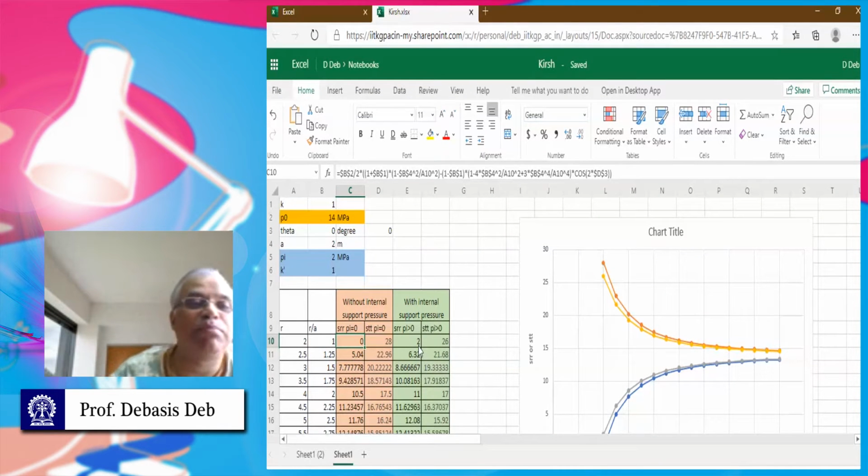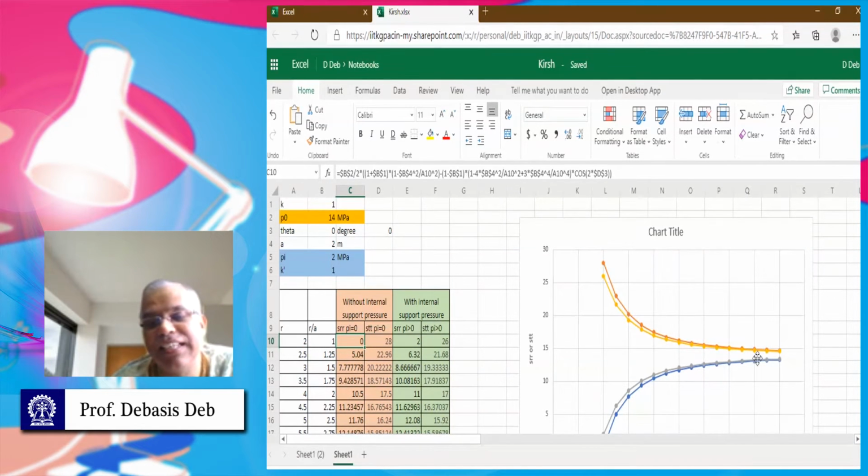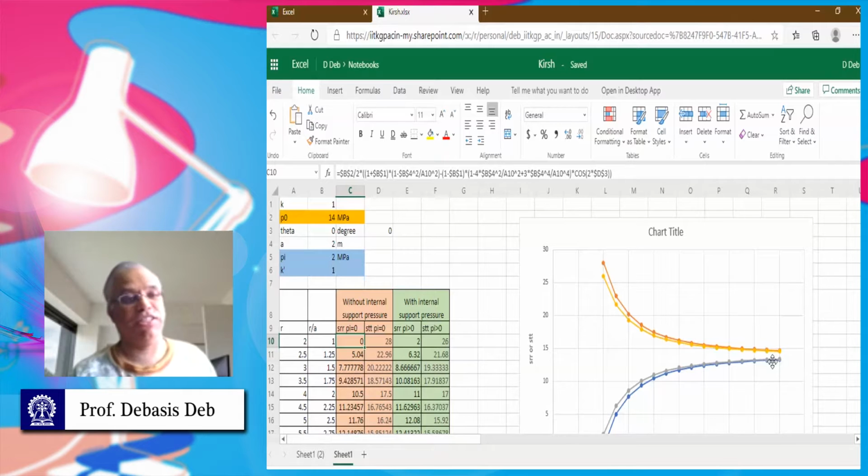So both ways I'm working here when I give the internal support pressure. That's why it is supporting the tunnel, and this is telling us at what level we will be either reducing the tangential stress or increasing the confinement stress. But very quickly you can see it is again coming towards the in situ condition.